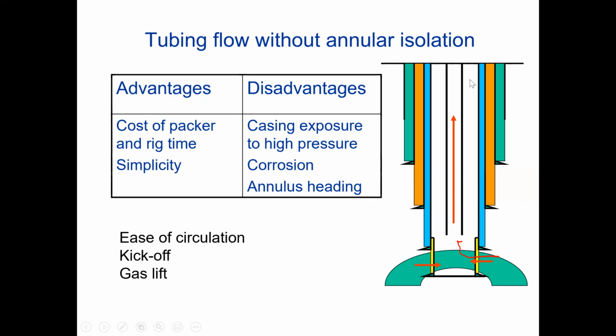Therefore, the gas will accumulate, and then the pressure, from the reservoir pressure as we move up, will be reduced, and that is a function of the density. So here is, for example, 3000 psi.